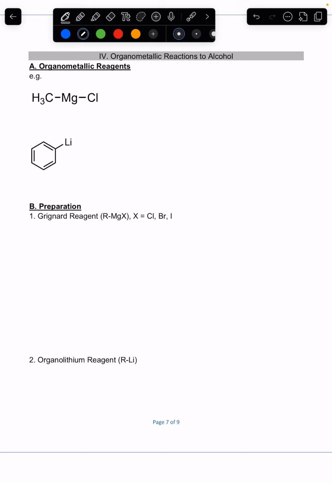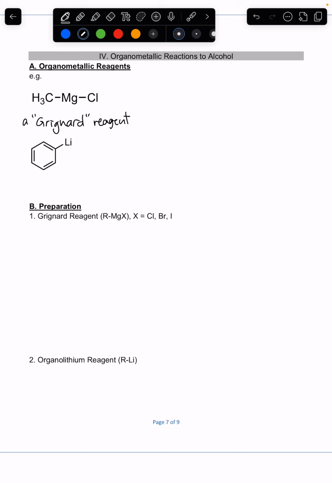Okay, so the two types of reagents we're going to look at are, one, an example of a Grignard reagent. You might sense something awkward about the pronunciation because that's a French word.